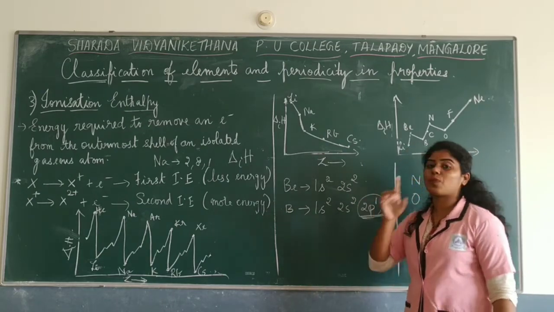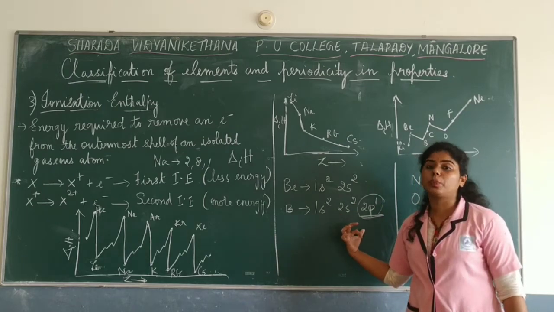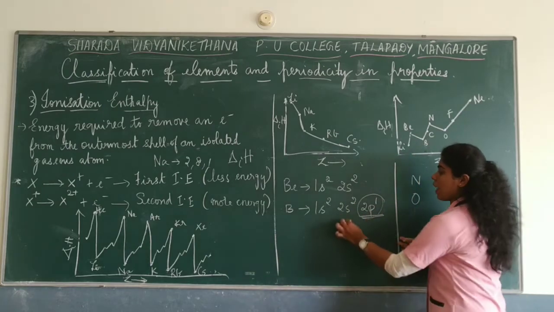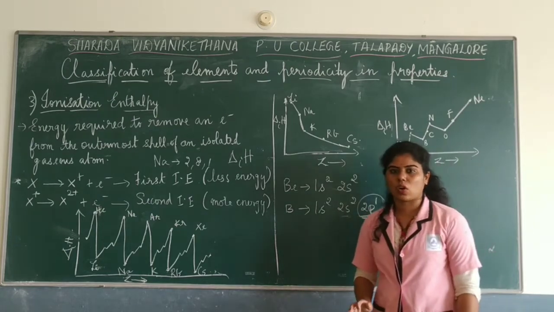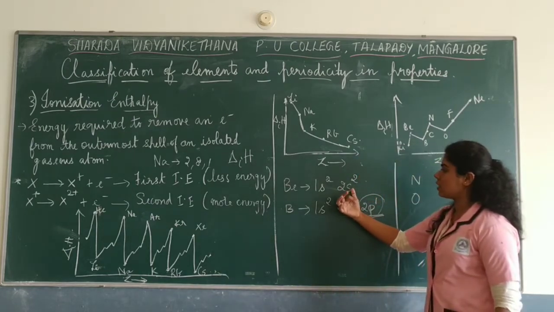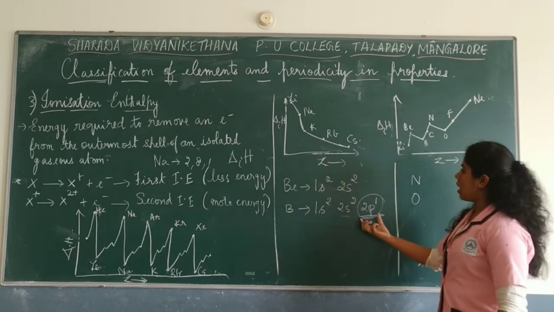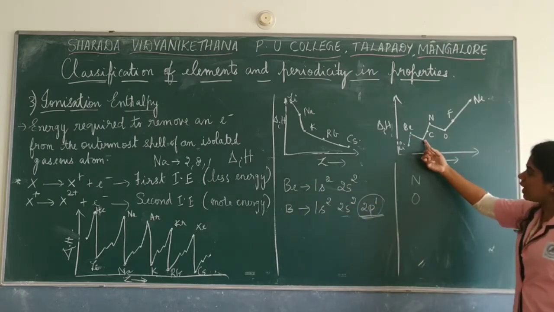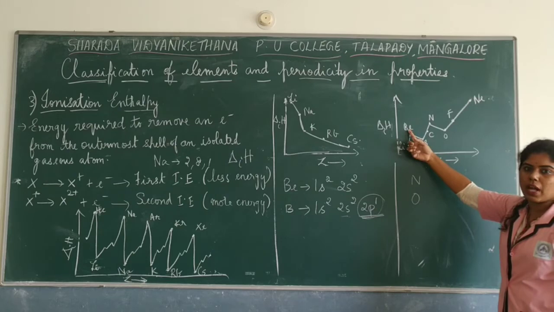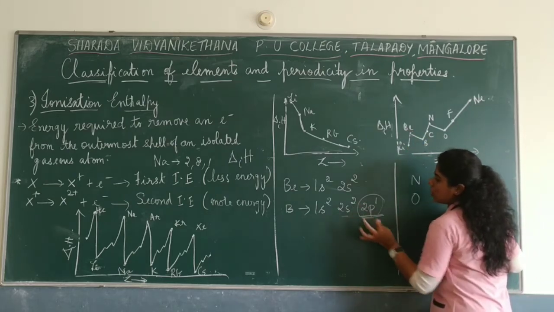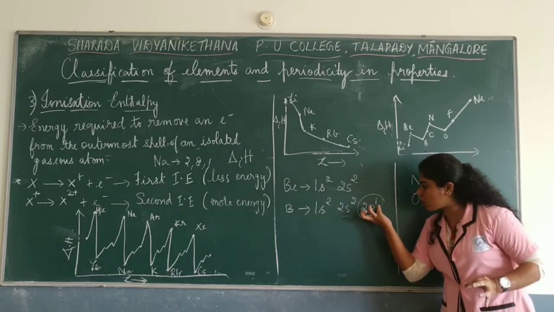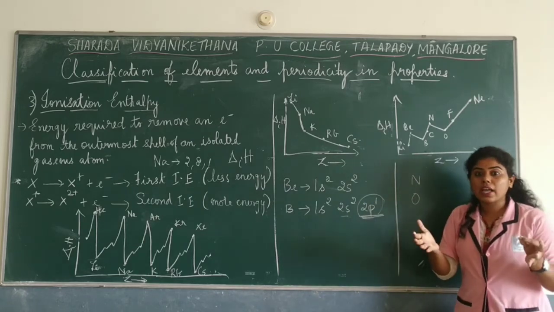One electron is being added to the 2p shell. Now, 2s will have a different orbital, 2p will have a different orbital, correct? Now you see that boron requires less energy when compared to beryllium. Less energy in the sense, why does this 2p have less energy? It is easy to remove an electron from the 2p. Why?